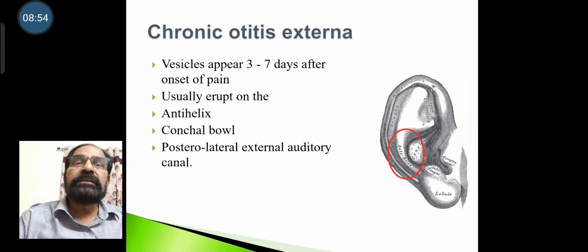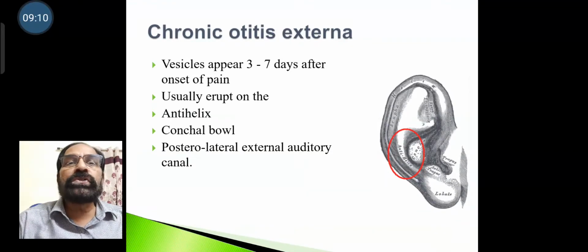Vesicles appear between 3 to 7 days after the onset of pain, and they usually erupt on the antihelix, as shown in the ring. You can see the antihelix, the conchal bowl, and posterolateral external auditory canal.